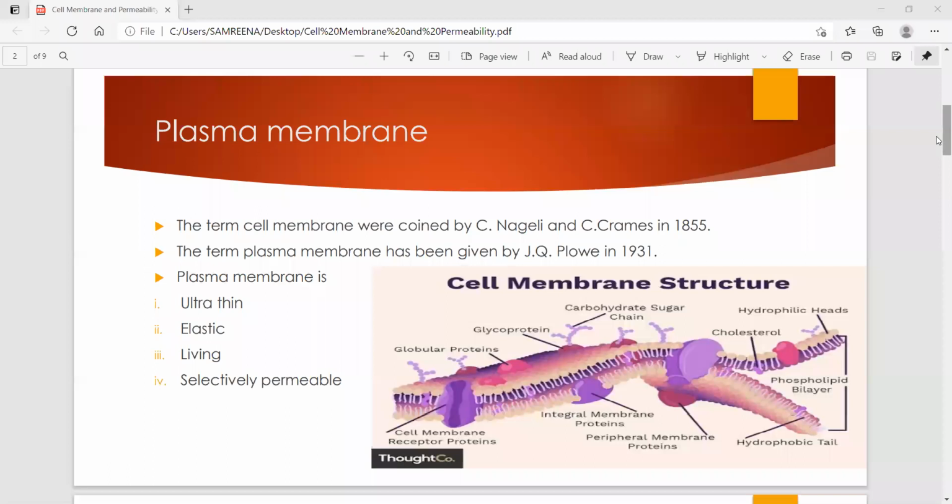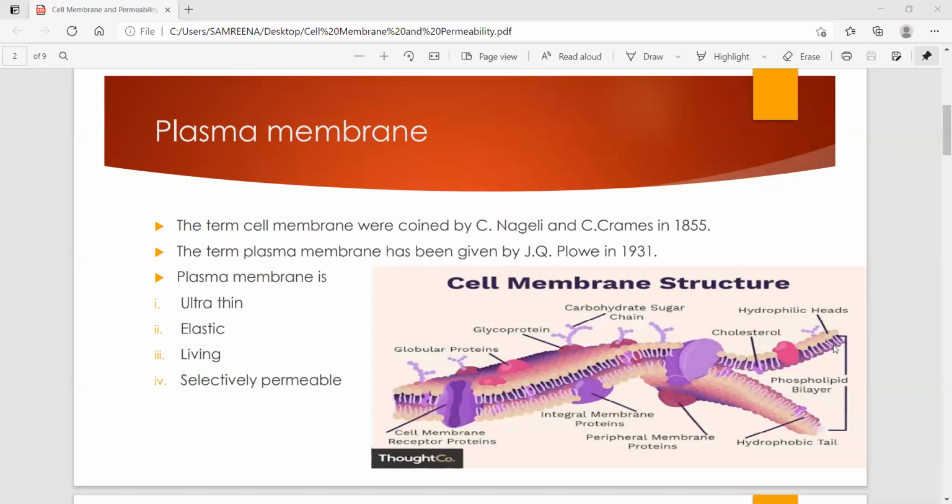Our plasma membrane, as you can see in the diagram, has this lipid bilayer, which is opened up here, the phospholipid bilayer. The plasma membrane is composed of lipids and proteins. Embedded proteins are here, you can see my cursor.